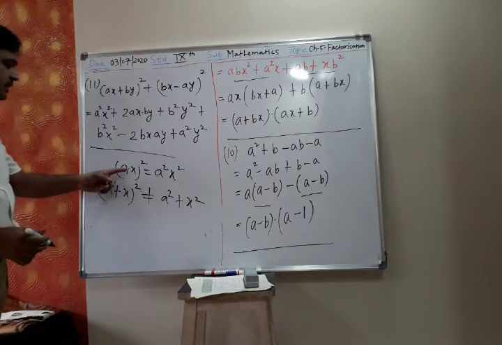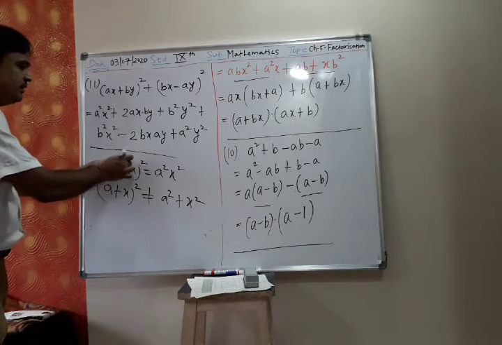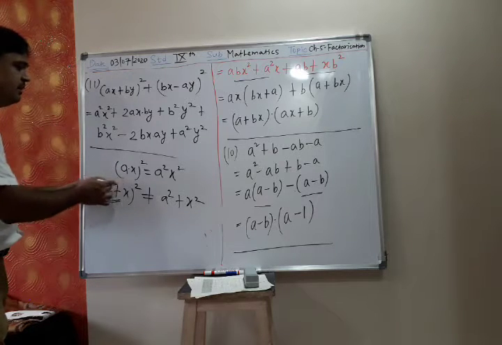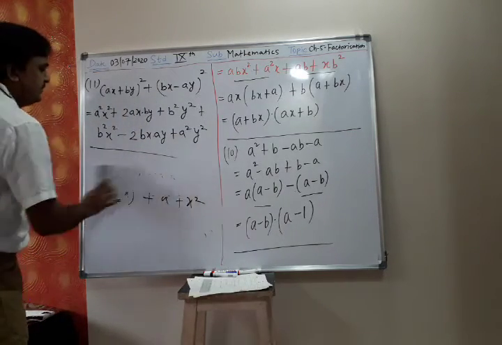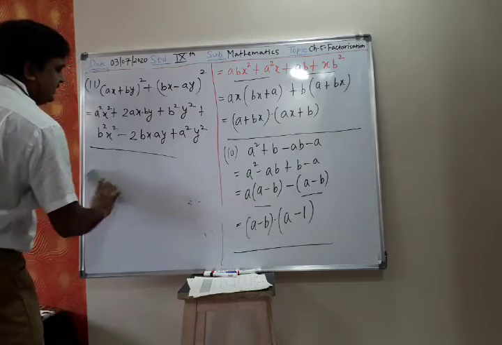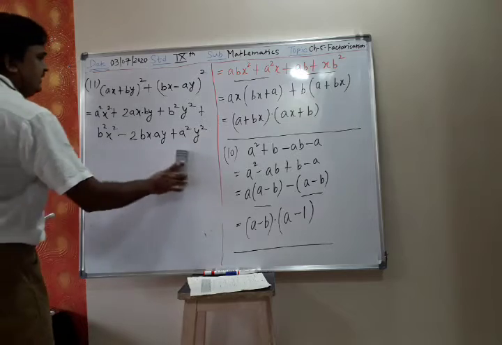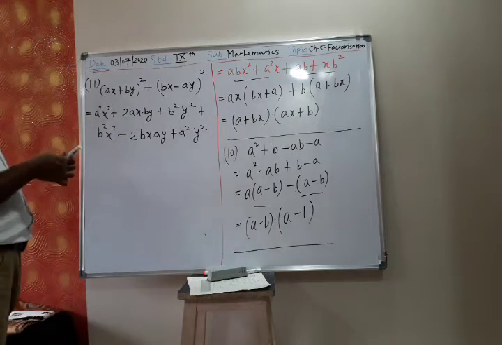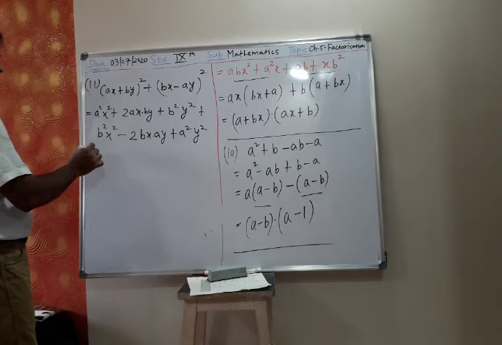Where you are confused, when there is multiplication between them, I can directly take the power, a power 2, x power 2. But when instead of multiplication there is plus or minus sign, I cannot take the power directly. So there we have multiplication. Ax whole square is same as a square x square, and we are writing directly. Is it clear? Have you followed?